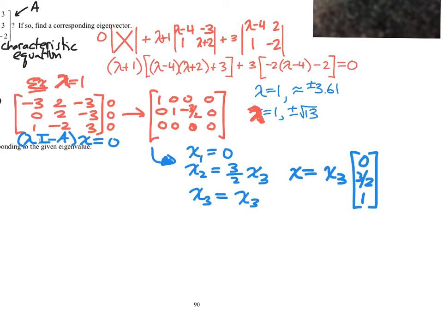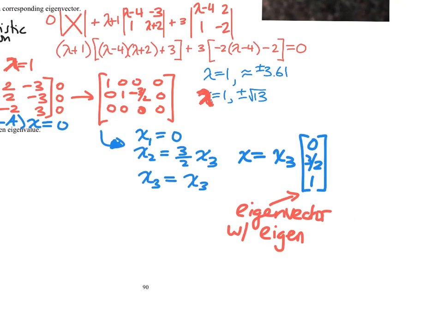All right, so this is the eigenvector with eigenvalue of 1.